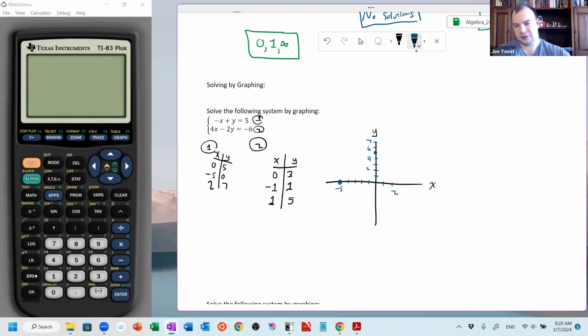I'll draw a line through these 2 points and try to do a pretty good job of it. And then does 2, 7 fall on this line? That does look pretty good. So I use this third point as a check.